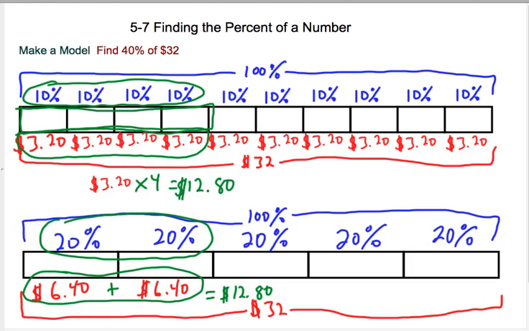Let's say we wanted to find 22% of 288. Well, 22%, that wouldn't really work with this model or with this model. Turns out we'd have to divide 100% into a lot more squares to figure out 22. So that wouldn't really be a great way to go about it. So what we can do is use a decimal.